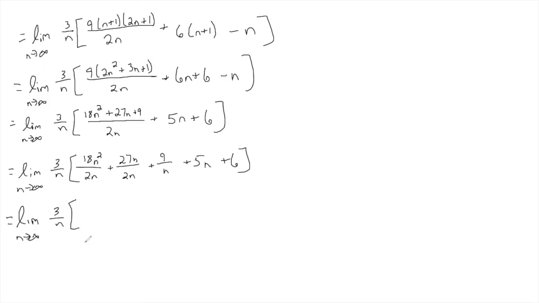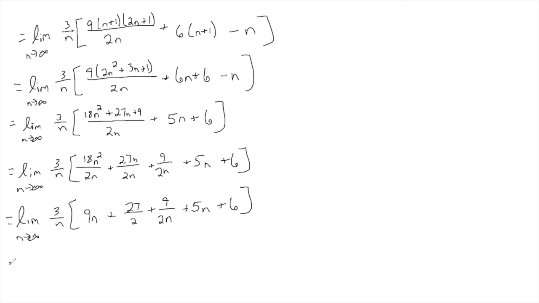Still 3 over n. All right, so I get 18 over 2, which gives me a 9, and one of the n's cancels. So I get 9n, and I still get a 27 over 2. Still have my 9 over n, nothing happens there. Oh, that should be a 2n. Got lazy there. Then plus 5n plus 6.